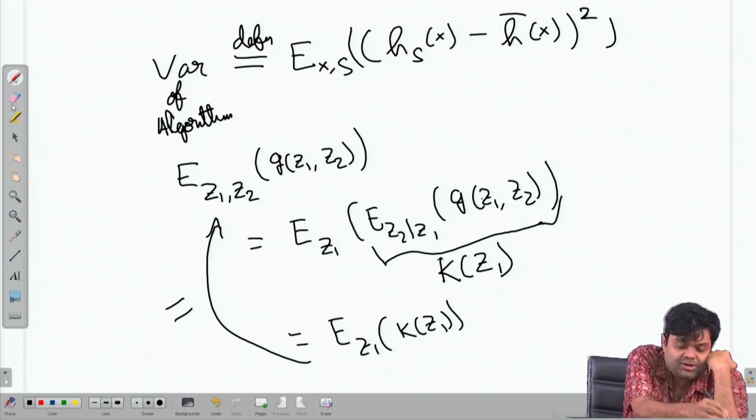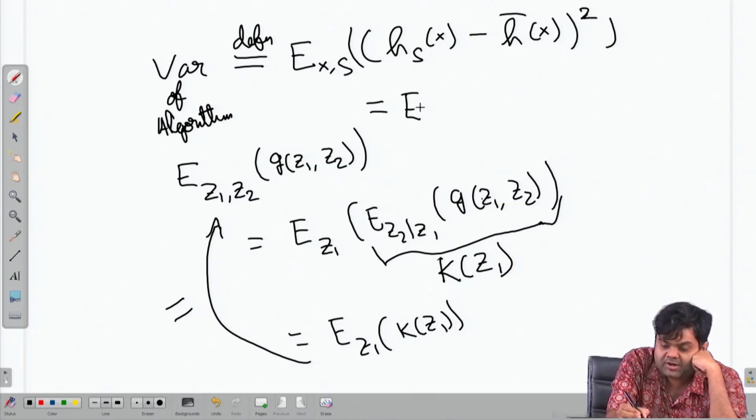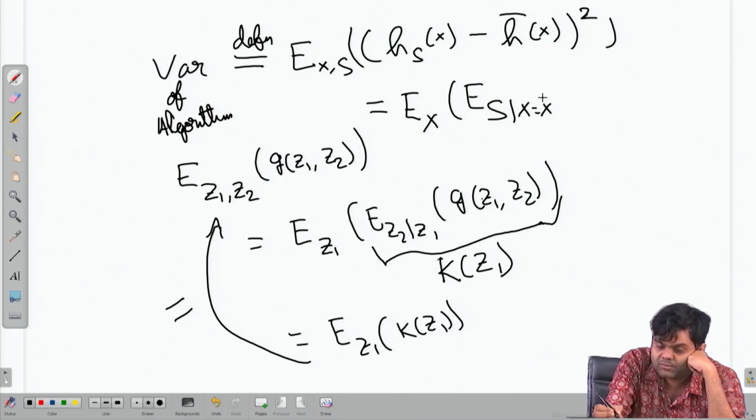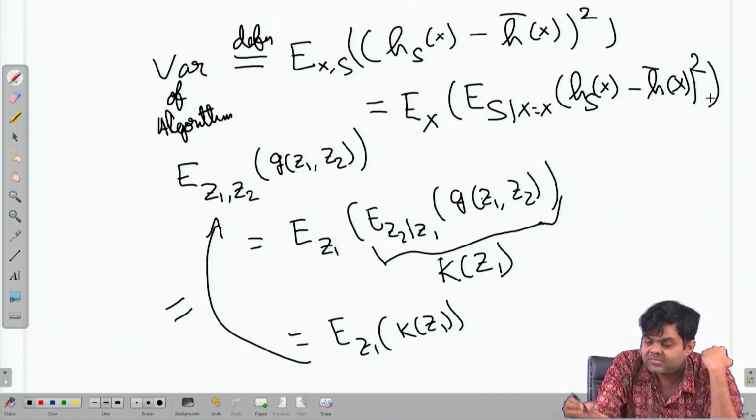Now, if you want to apply the same process on the variance, you can keep x inside and take the expected value over S given x equal to x of (h_S(x) minus h bar(x)) whole squared.